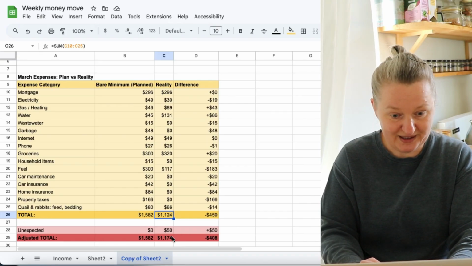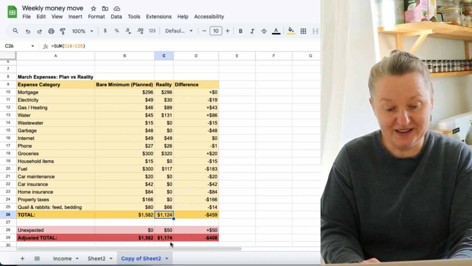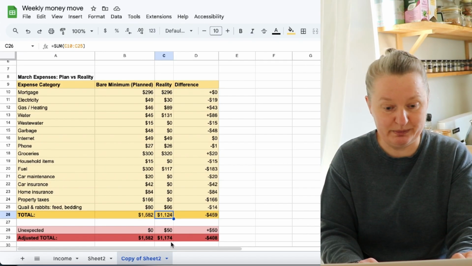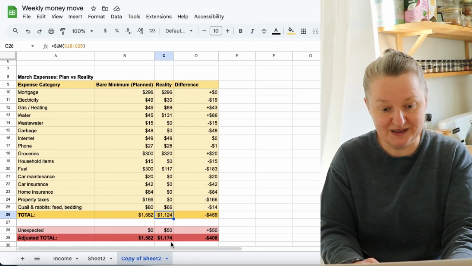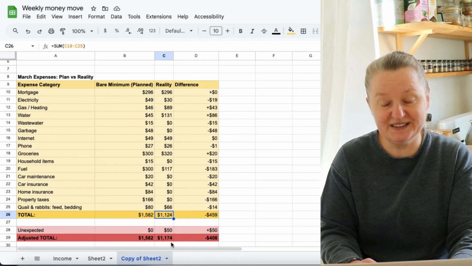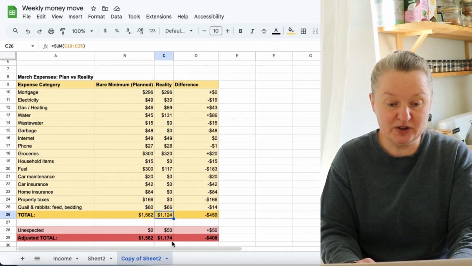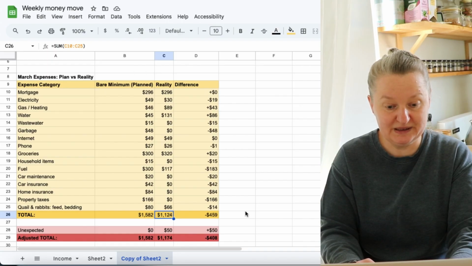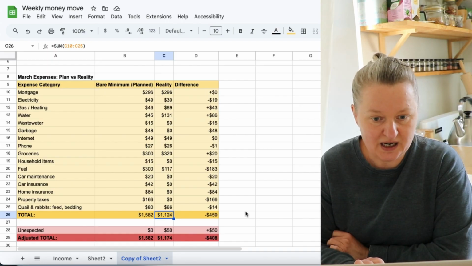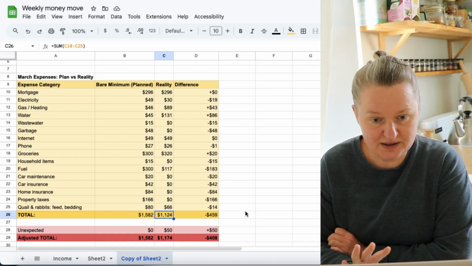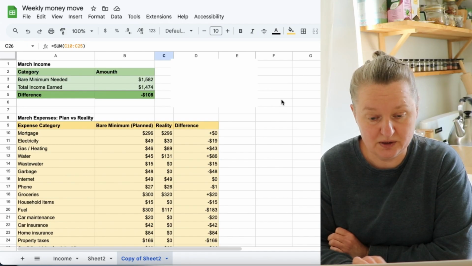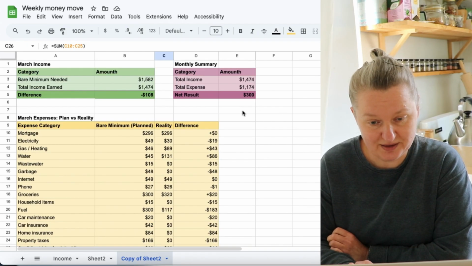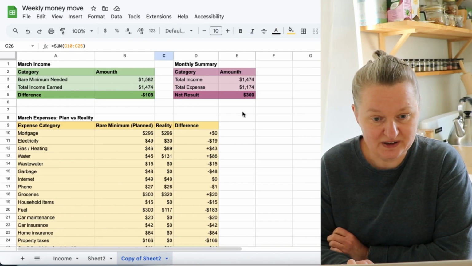My real total expense went up by $50, and it's $1,174. So I'm $408 short from my planned expense. I think I need to make a teeny tiny summary table, and I already made it, so it's here.